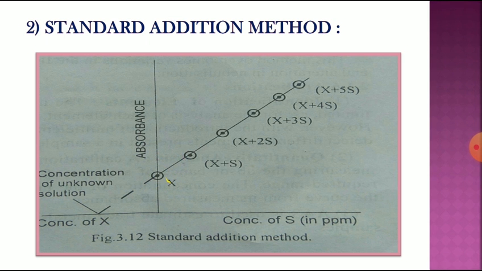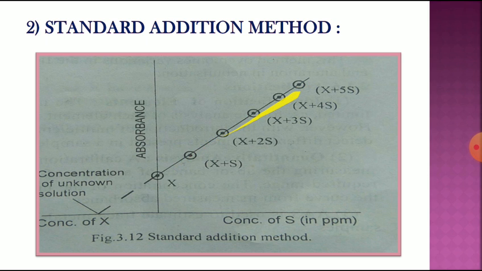Then we have prepared certain amounts of X plus a particular standard added in increasing order: X plus S, X plus 2S, X plus 3S, X plus 4S, X plus 5S. With this increasing order of concentration, we will get a straight line graph.